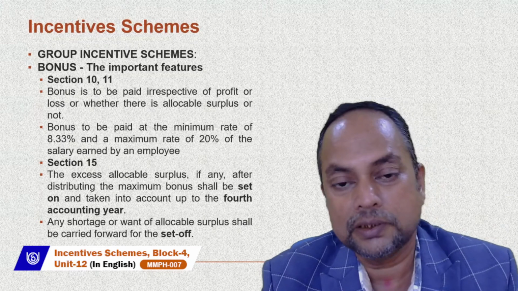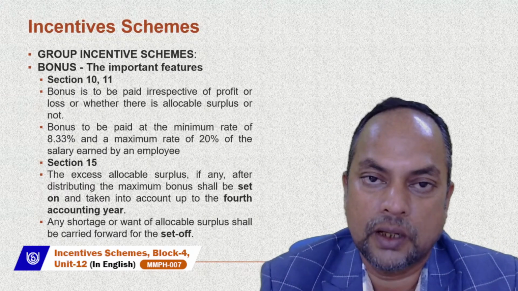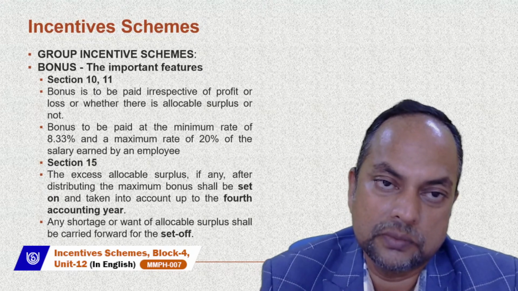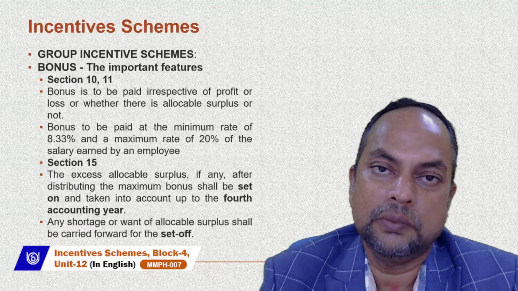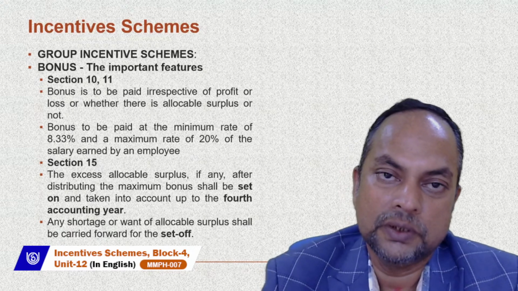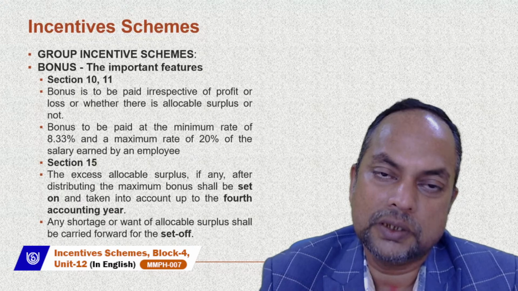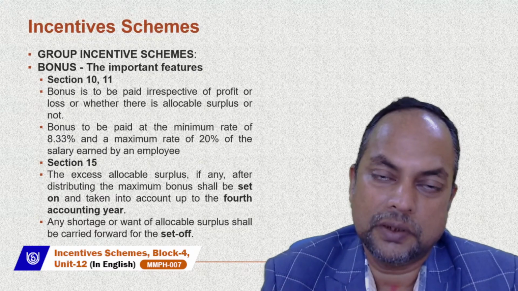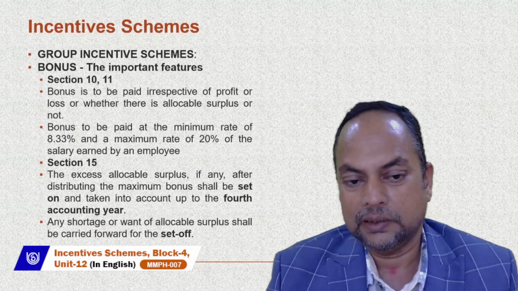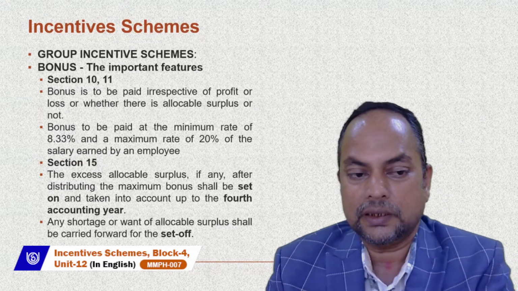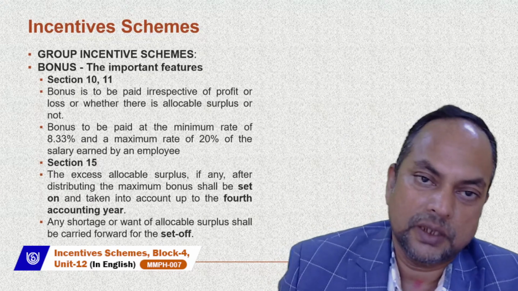If the allocable surplus is more than the amount required, the left out amount will be carried forward up to the fourth year. Similarly, if the allocable surplus is less than the required surplus, where I cannot make the payment to all the workers, it can be set off to the next accounting year.